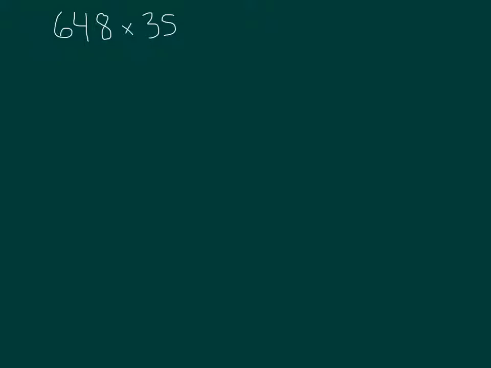So again, to make my standard algorithm match up with my area model, I want to start with the 648 on top. And I'm going to break this up a little further than we had before, just because we're getting to work with larger numbers. So this is going to be 600 columns, and then another 40 columns, and another 8 columns.